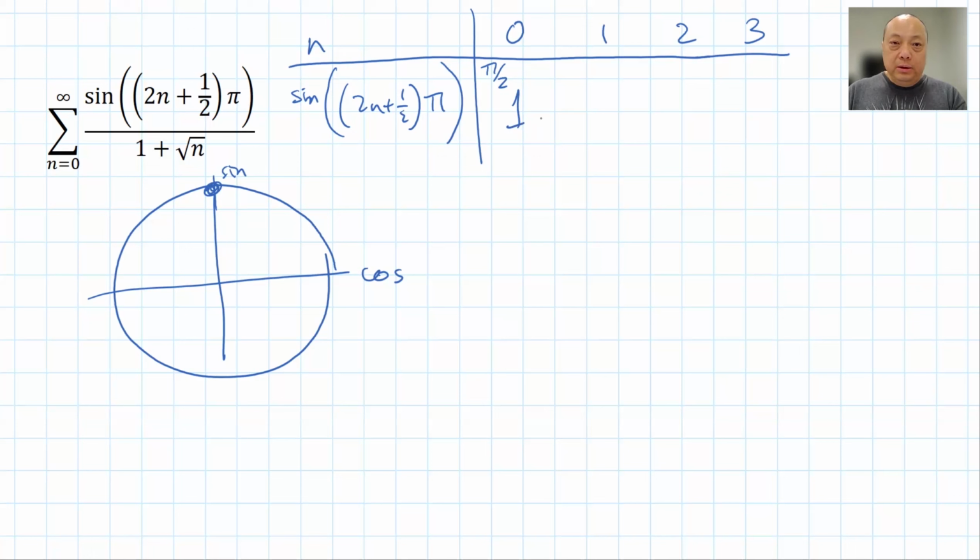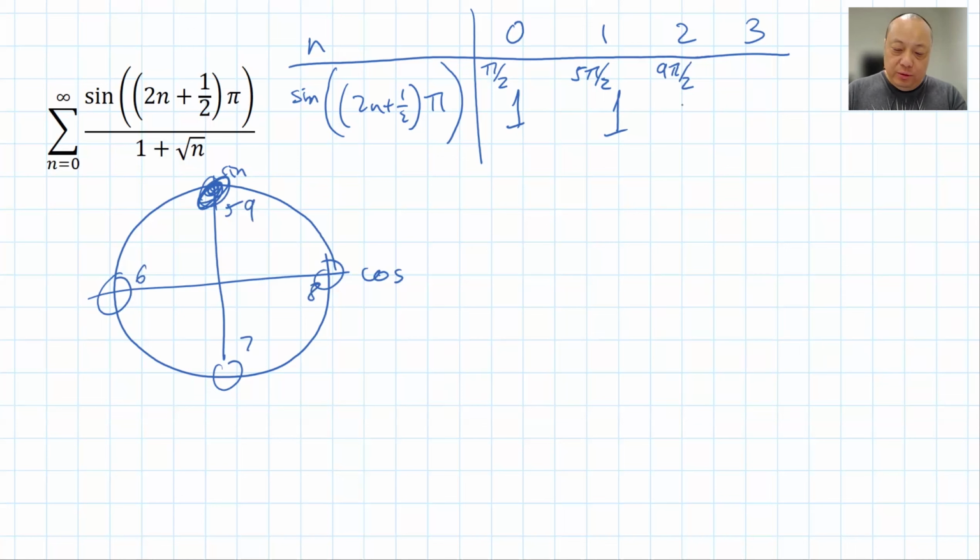N equals 1, we're looking at 2.5 pi. 2.5 pi is 5 pi over 2. 1, 2, 3, 4, 5. 5 pi over 2, I'm back at the starting point. So again, it's 1. N equals 2. We're looking at 4.5 pi, that's 9 pi over 2. So this was 5, 6, 7, 8, 9.